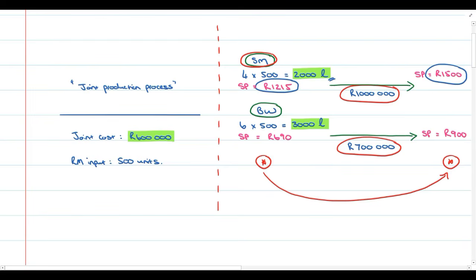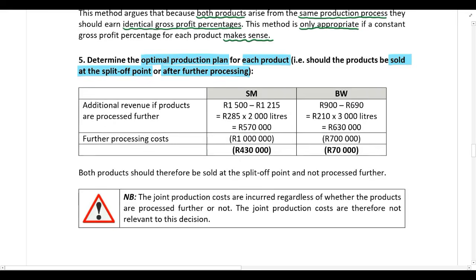Then, that additional revenue doesn't come for free. That additional revenue comes at a cost. There's a further processing cost of 1 million Rand. So what you do is you compare the additional revenue that will be received if the products are processed further to the further processing costs.